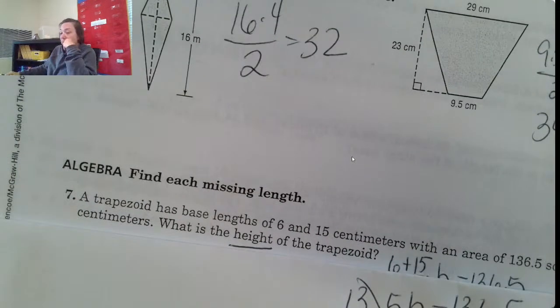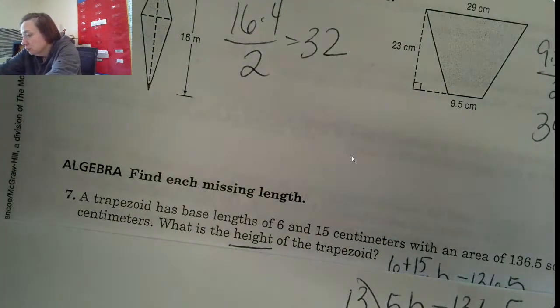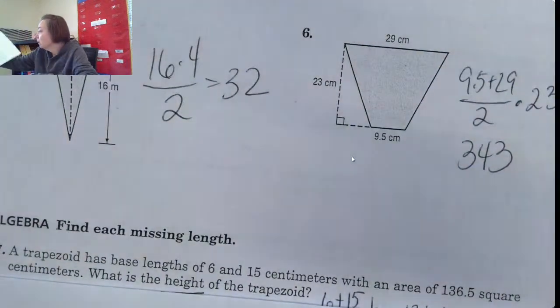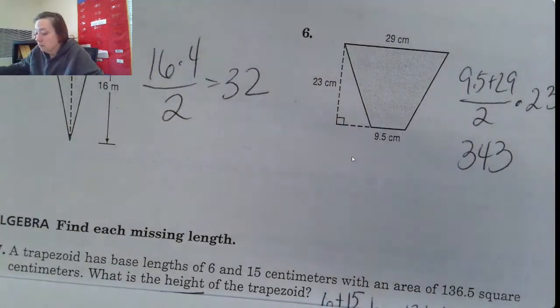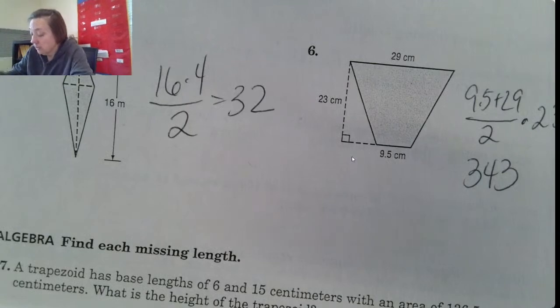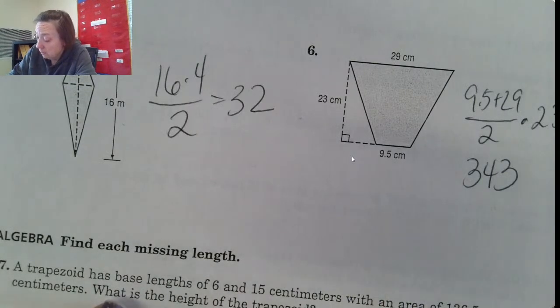Maybe we did, and I just don't remember. 6 plus 15 divided by 2 is 20.5. When is 13? Oh, so it's not 13.5? 10.5? Where did we get 13?